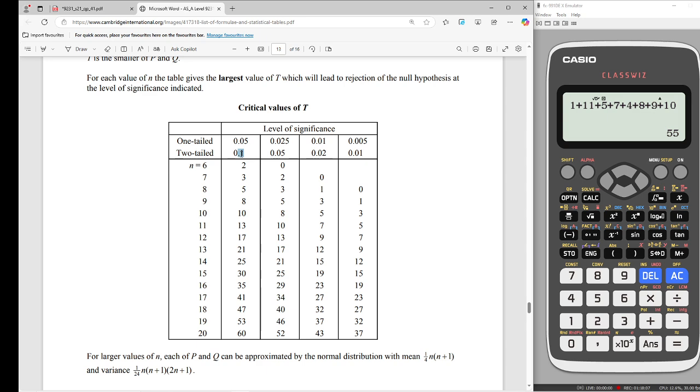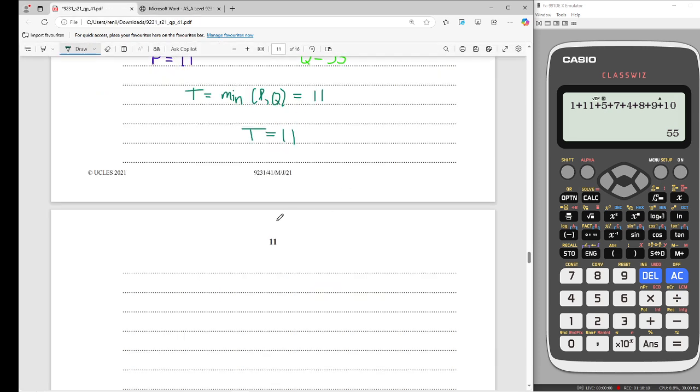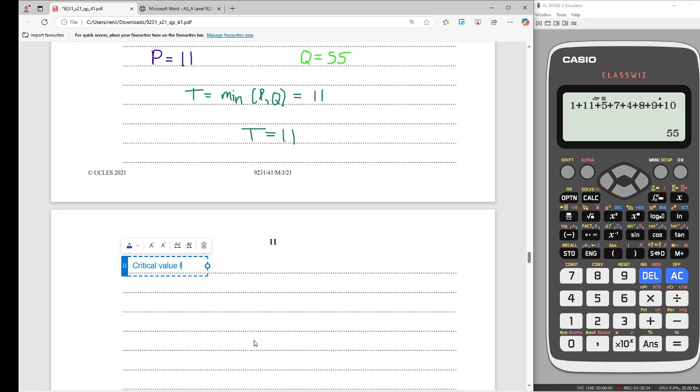So two-tailed 0.1 for a sample size of 11 is 13. N equals 11, meaning sample size, and 13 is our critical value. So we can write: critical value from tabular column is equal to 13.